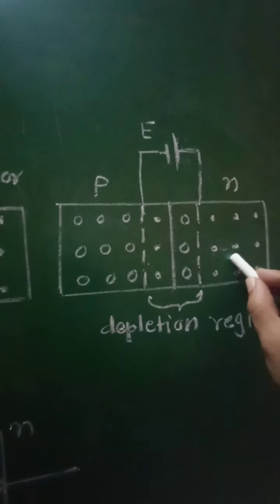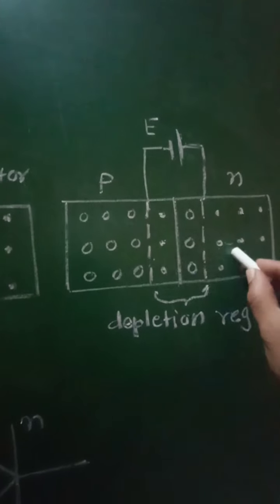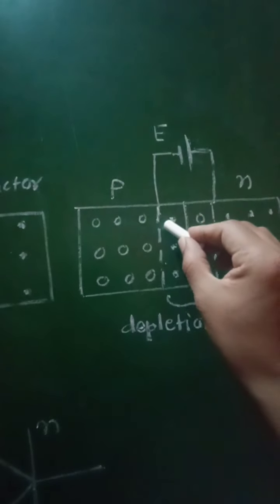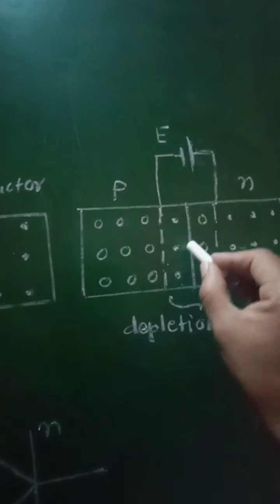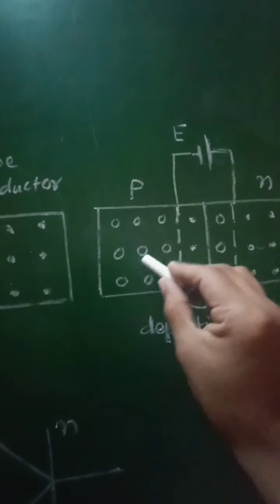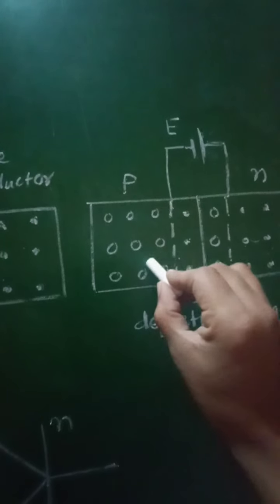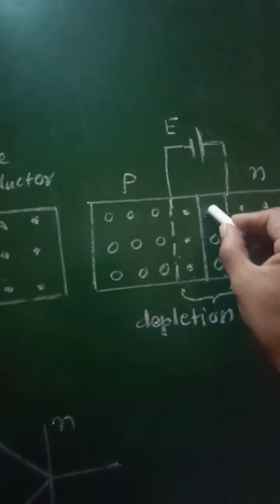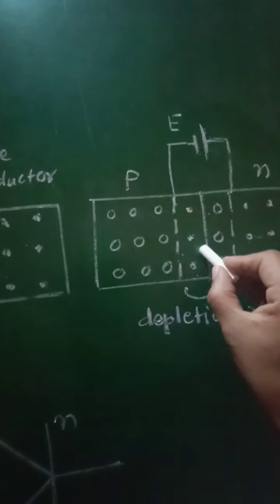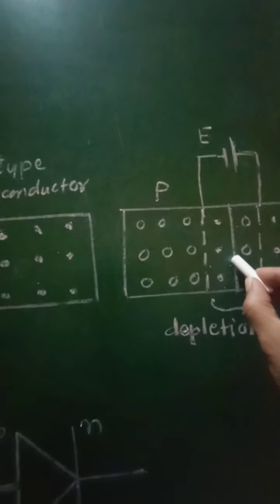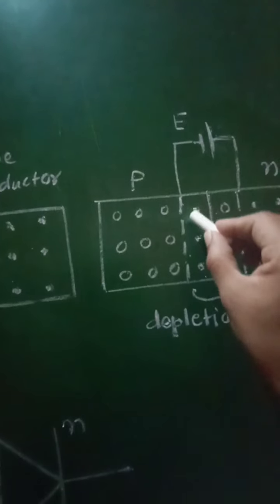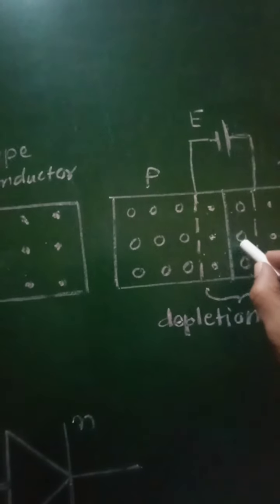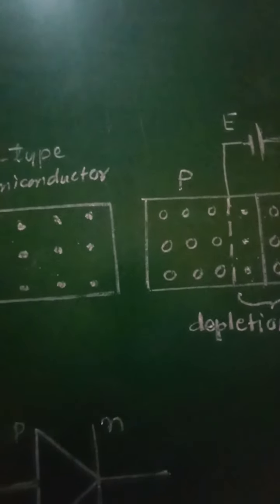So as there is migration of electrons from the n region to the p region, when they enter this p region, negative ions will be formed near the junction. Similarly, when holes enter from the p region to the n region, positive ions will be produced near this junction. So in this way, on the p side negative ions will be produced, on the n side positive ions will be produced near the junction.